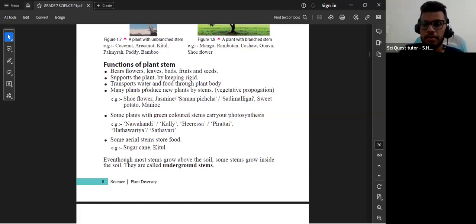Right. Last week we discussed the parts of a plant, isn't it? The leaves are there, buds are there. There are two different types of buds: apical buds and lateral buds. Shahim, can you let me know what a lateral bud is?